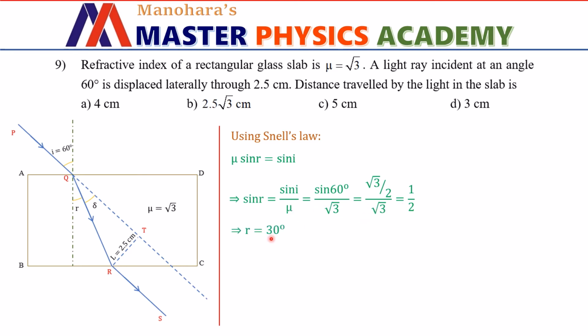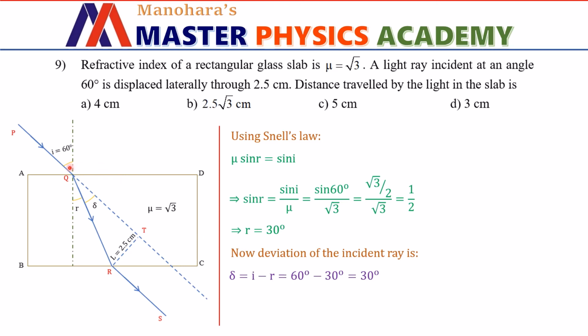Therefore, R is equal to 30 degree. Using I and R information, we can calculate the deviation produced. That is, angle of deviation is equal to angle of incidence minus angle of refraction. Solving, we get deviation to be equal to 30 degree.